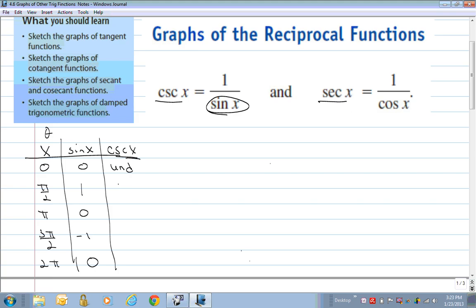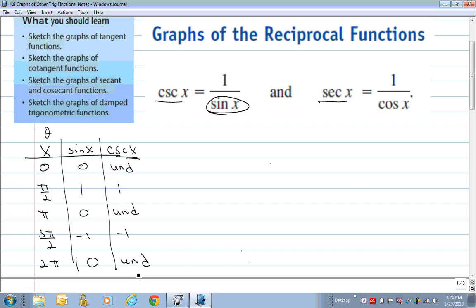The reciprocal of 1 would be 1. The reciprocal of 0, again, is undefined. The reciprocal of -1 would be -1. And again, 0 would be undefined. In the past, when we saw something that was undefined in terms of graphing, we often knew that meant we would maybe have an asymptote, and that's going to be the case here.